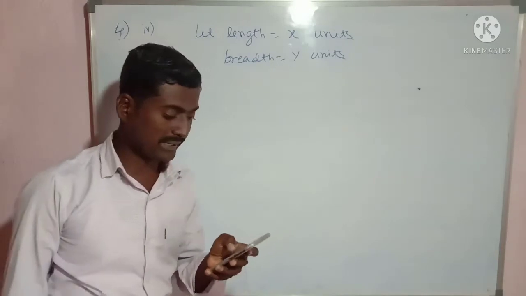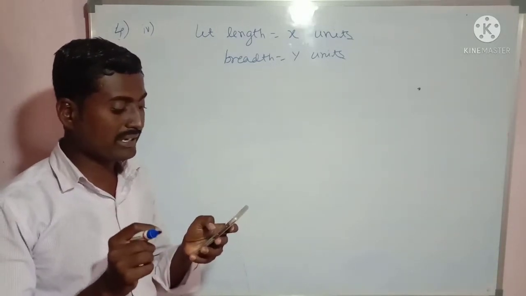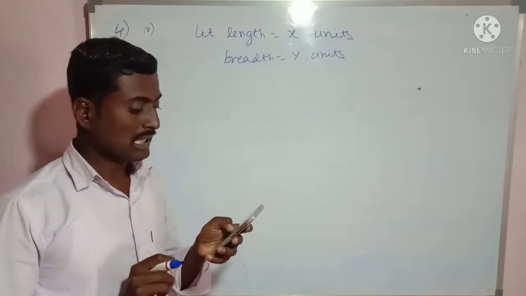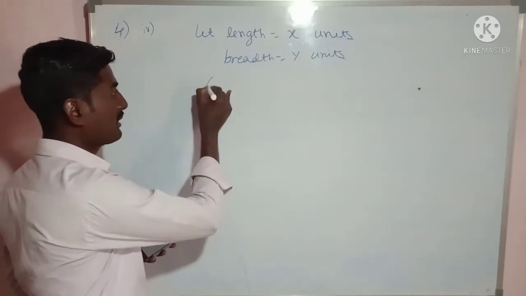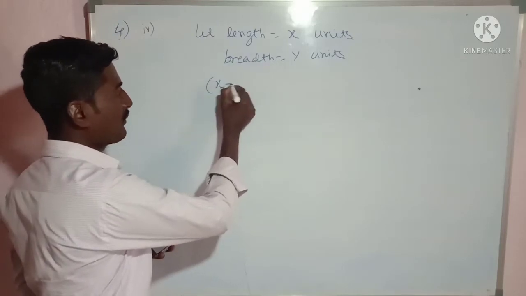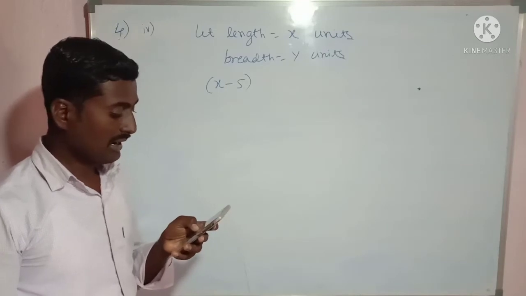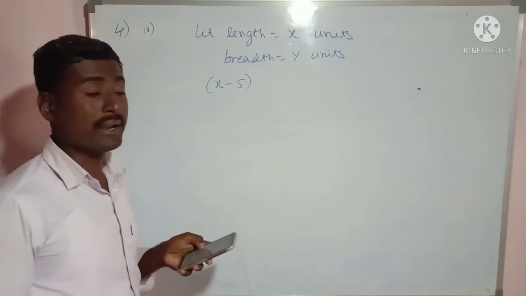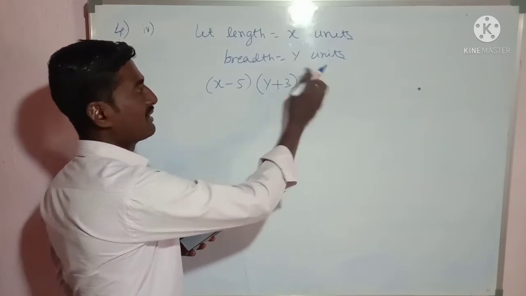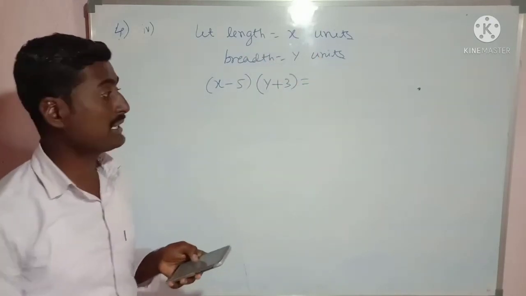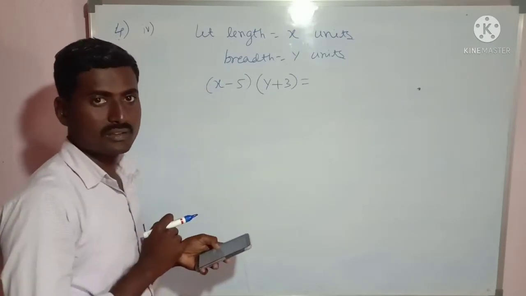Now you see the statement. The area of rectangle gets reduced by 9 square units if the length is reduced by 5 units. It means what? Length is reduced by 5 units, it means x minus 5. And breadth is increased by 3 units, means y plus 3. Here it is reduced, so minus; breadth is increased, so plus.